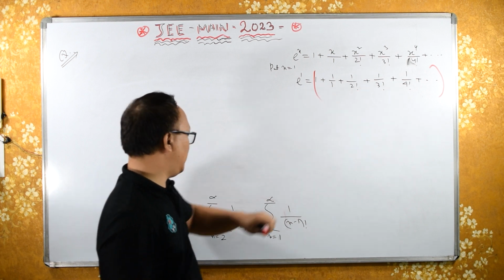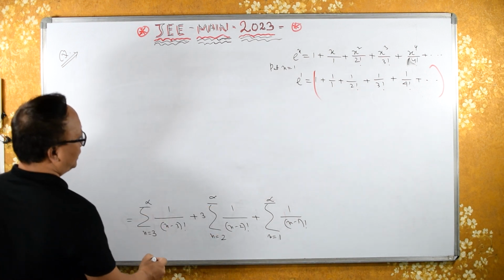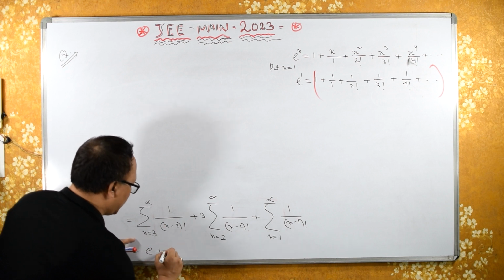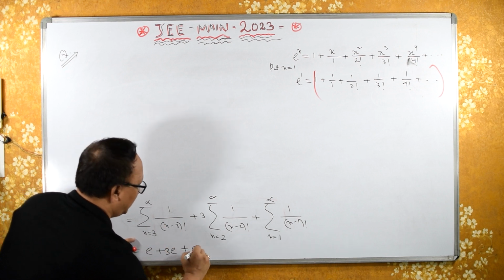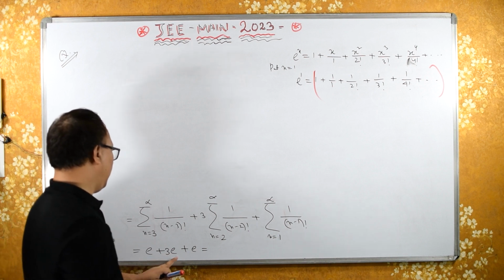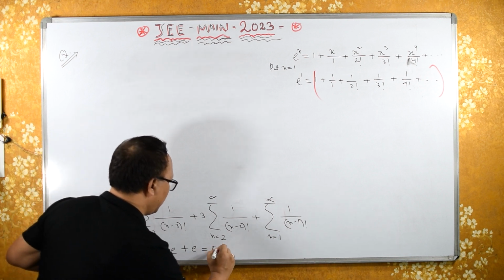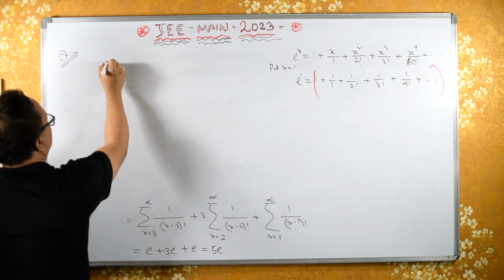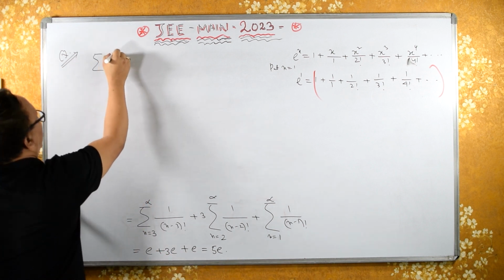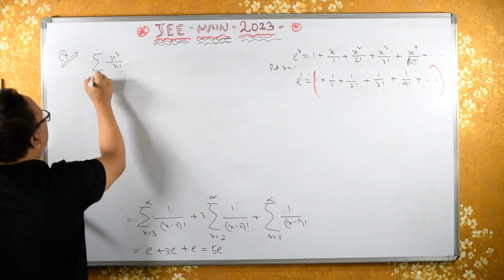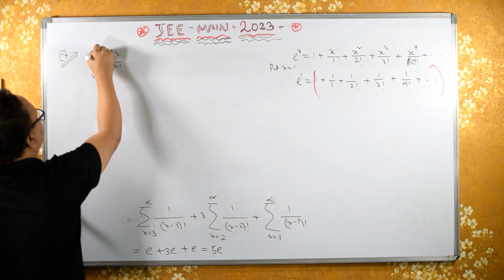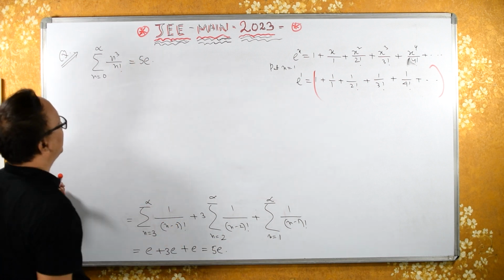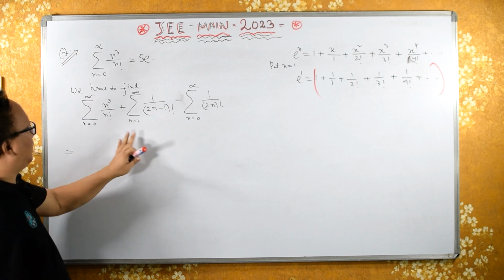Therefore this is equal to e plus 3e plus e, which is 5e. So 5e is what we have for summation of n cube upon n factorial, where n goes from 0 to infinity.